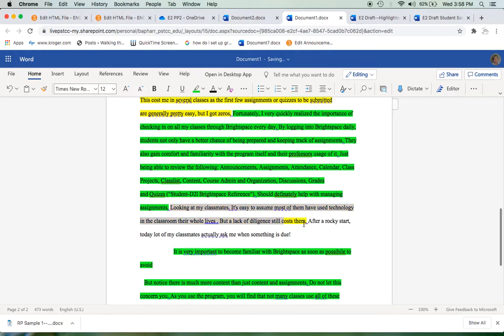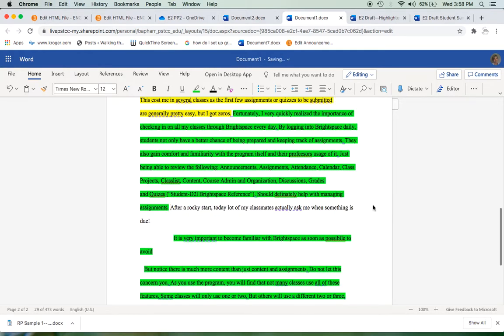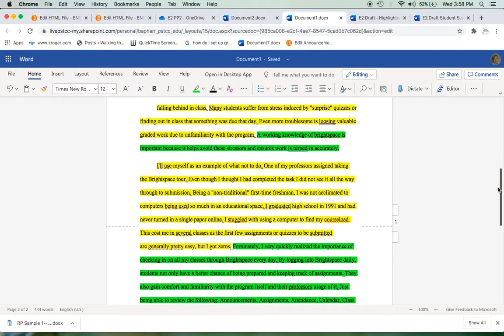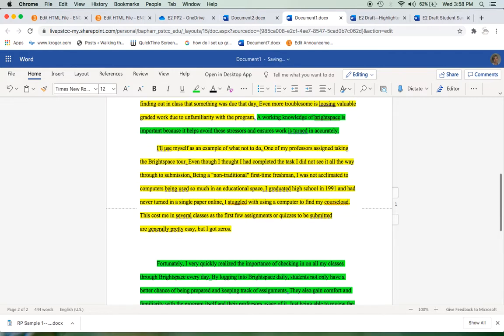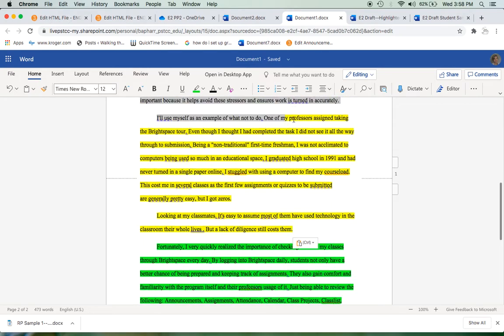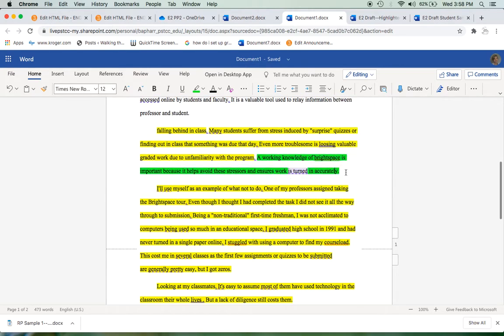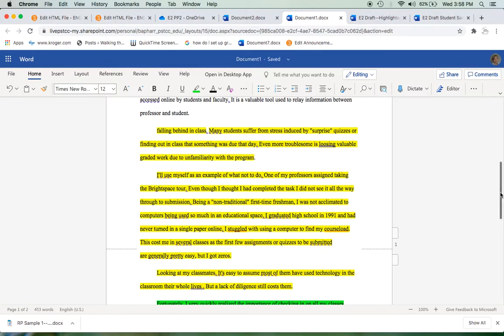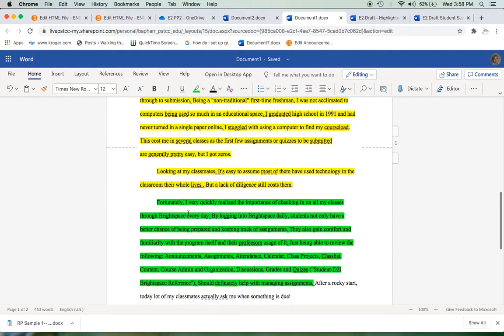I'm going to take this problem sentence up here in the problem section. And I'm going to take this solution sentence right here and move it into the solution section.